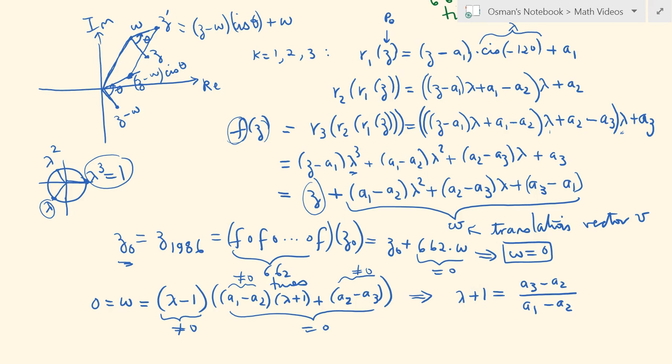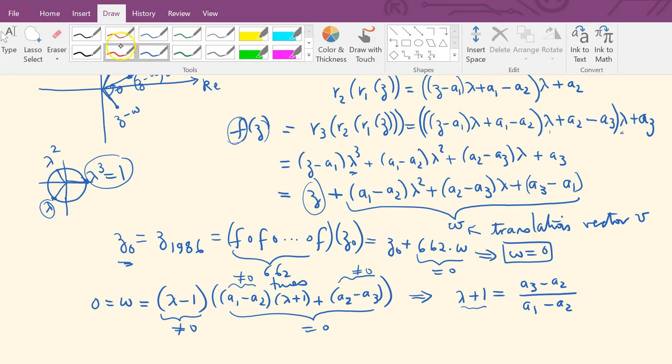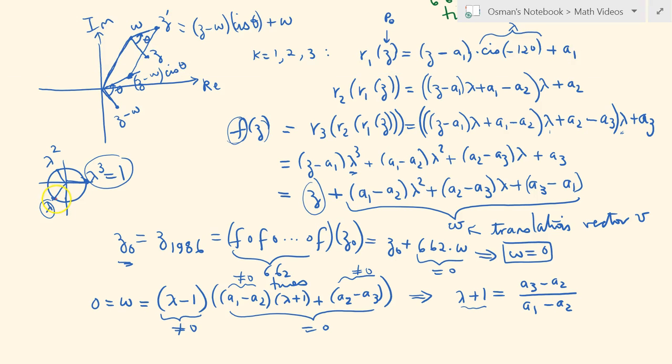Now what is this left hand side? So going back to our unit circle here, lambda is here. Let me change my color, probably red color. If I add 1, I'm increasing the real part by 1. That's the point for lambda plus 1. And obviously, due to the nice symmetry here, this will be a 60-degree angle here.